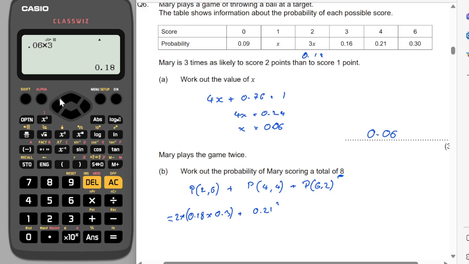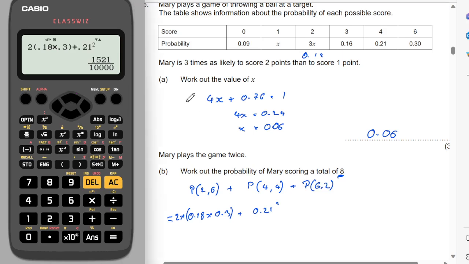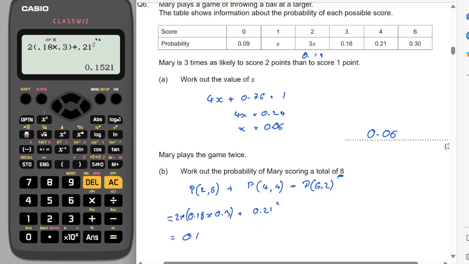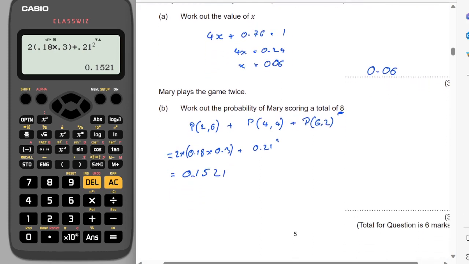So I think that's actually right. So I'm going to go with that. So I'm going with, as my answer, 0.1521.